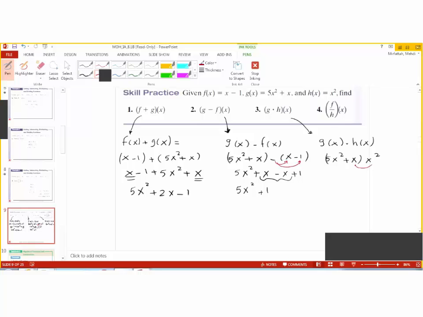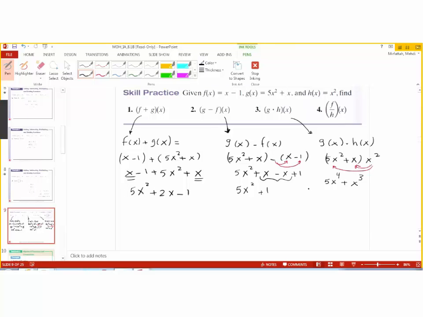And then we can distribute here. So you get 5x to the power of 4 plus x to the power of 3. And that's how we do that one.